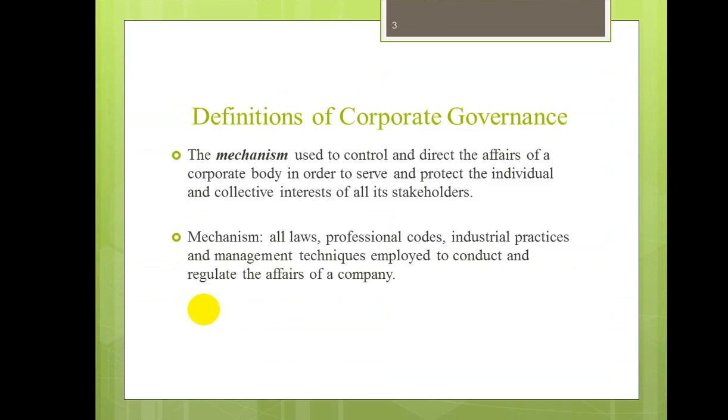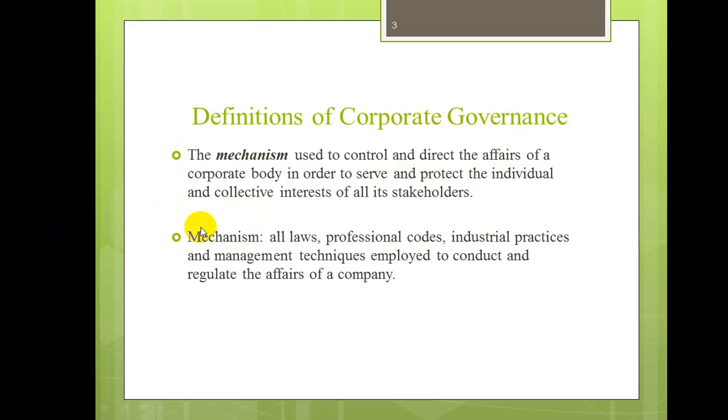Now we are looking at the definitions of corporate governance. If you see here, we have a three-line definition: the mechanism used to control and direct the affairs of a corporate body in order to serve and protect the individual and collective interest of all stakeholders. If you see, there is a highlighted word, mechanism, and below we discuss the mechanism. What do we mean by mechanism?